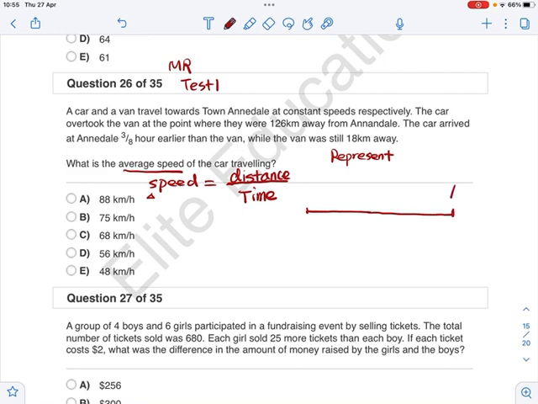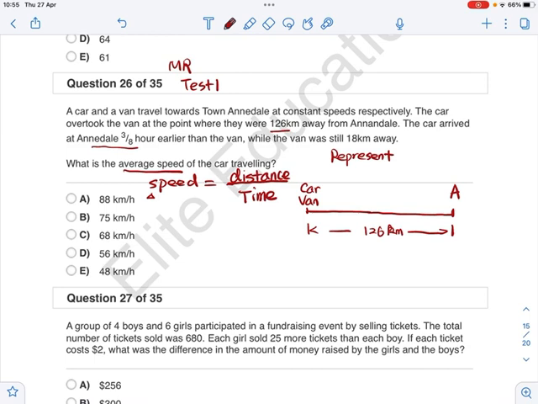So when they say car and van, when they overtake each other, they are left 126 kilometers away from the town Annandale. The next information told us is that the car arrives at Annandale 3/8 hours earlier than the van, when the van is still 18 kilometers away.